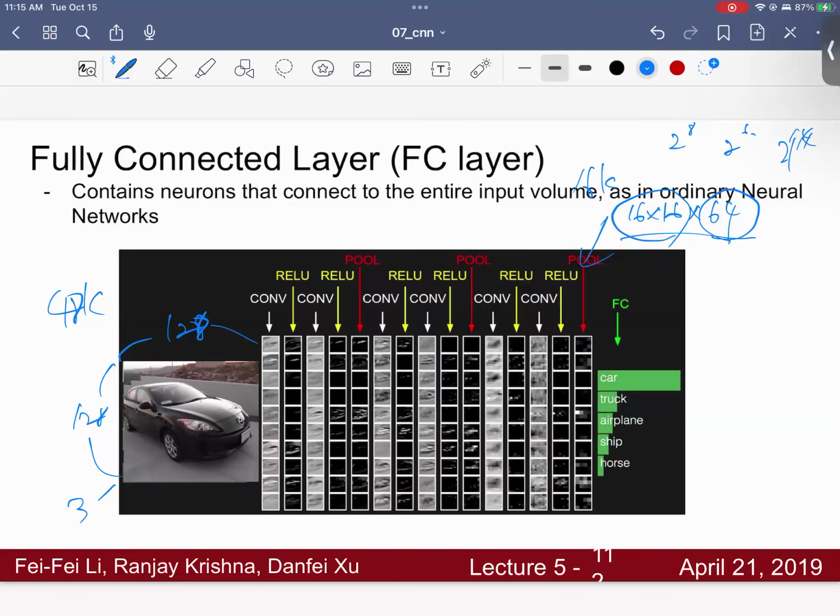You can go even further and make it 4x4 by 64. Then you would be compressing it more. In order to do this, you need pooling operations here and there, because if you want to compress 128 by 128 all the way to 4, then you need too many convolution layers.